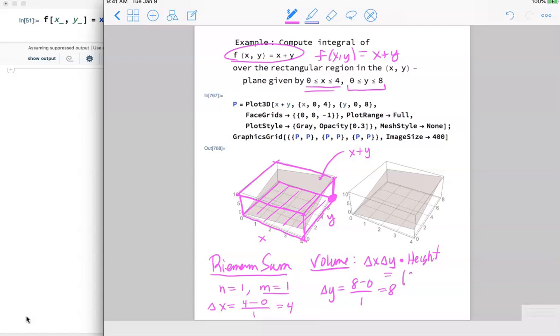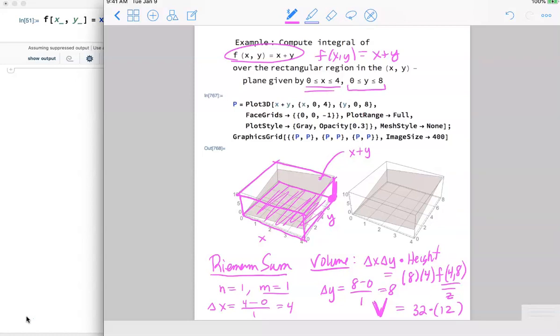So we would have gotten 8 multiplied by 4, which would have been the area of the base, and then the height of the rectangle would have been the function evaluated at x is equal to 4 and y is equal to 8. Okay, so this gives us the z value. So this box right there would be a volume of 32 multiplied by 12. And that would be the volume of that box. Now you can see that that volume is too big, so we have over approximated.